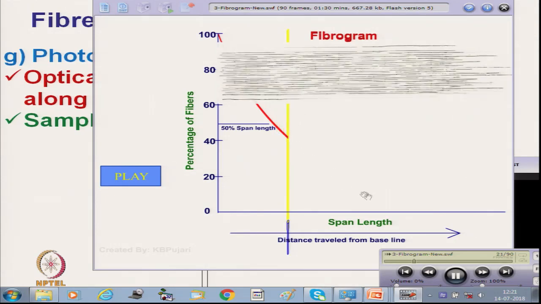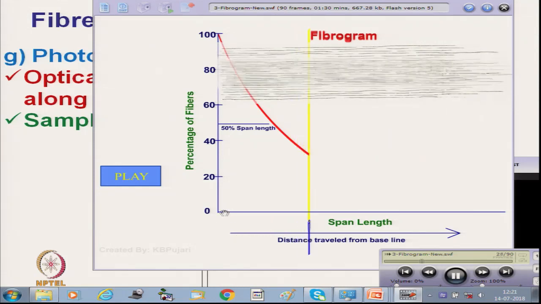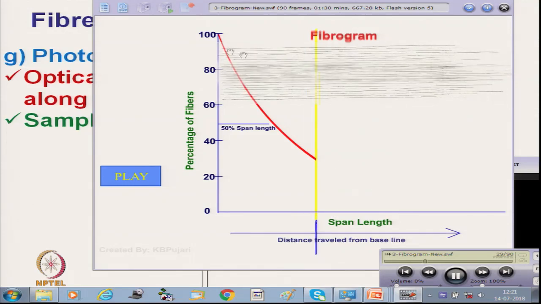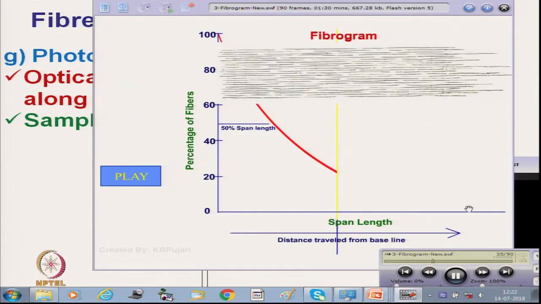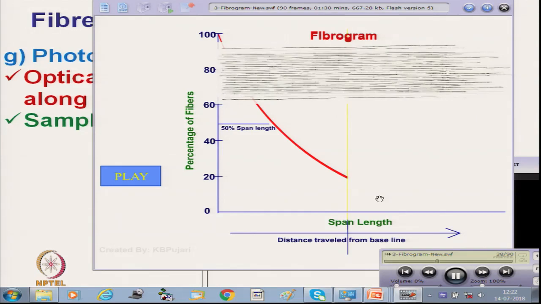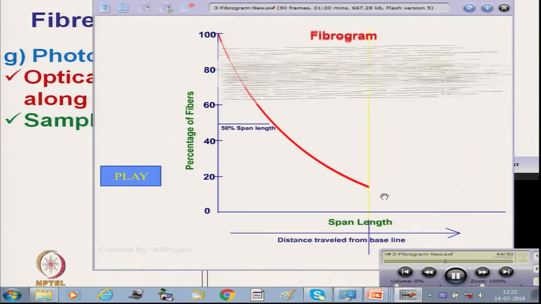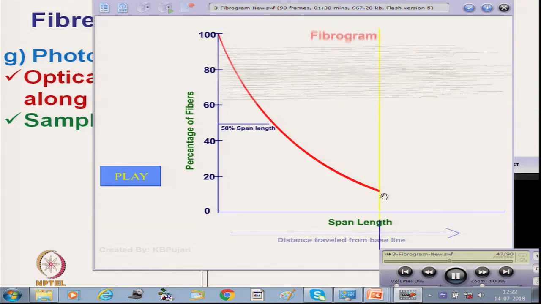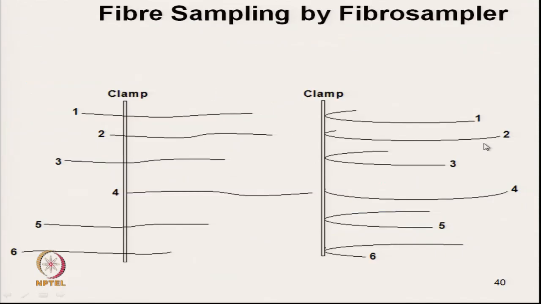Initially it was 100%, then as the distance increases, the proportion of fiber reduces. So we get this curve, which is the fibrogram. Then the sensor automatically gets the data and all the parameters are calculated automatically. Fibers are clamped here, then they form loops.